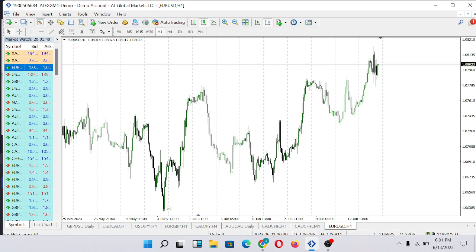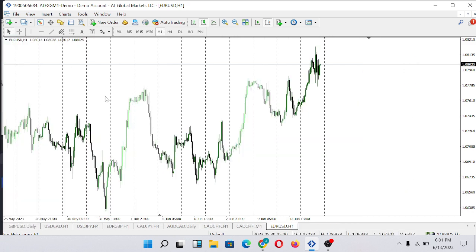Now you check the movement: high, low, higher high, right? Low, higher high, low, higher low, higher high, higher low, but it failed to create a higher high here, it just ranged.